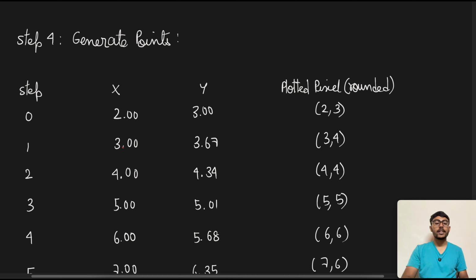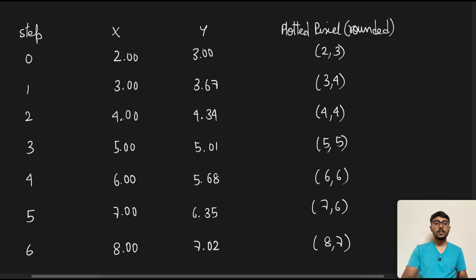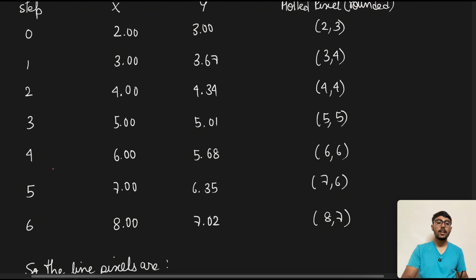For the first one we increment x by 1 and y by 0.67, and then we get the round off as 3,4. Similarly for this one, plus 1 and plus 0.67, which is 4,4. Then it is 1 again with 0.67 we get here, and so on. We continue up till the number of steps that is required, which is 6.